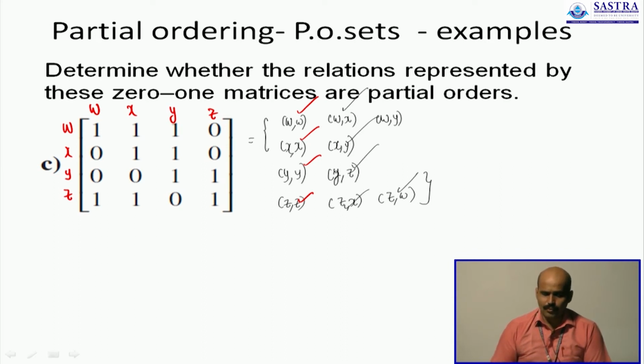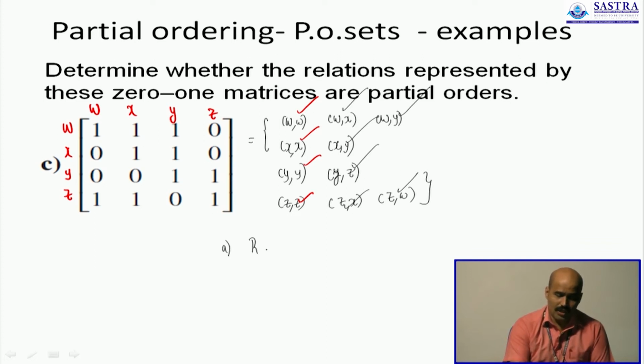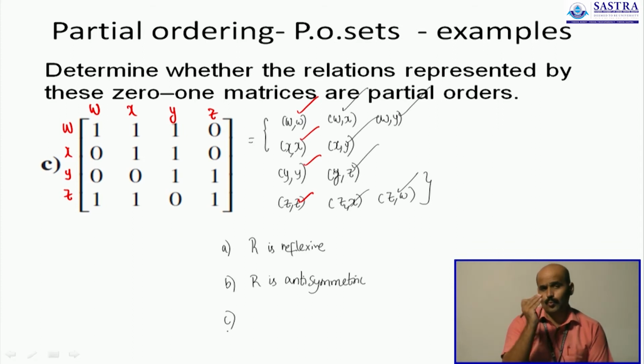And similarly for W and Y, only one of them is present. The other pair is always absent, and therefore you can claim that the given relation R is reflexive. We just saw that. And it is also antisymmetric.